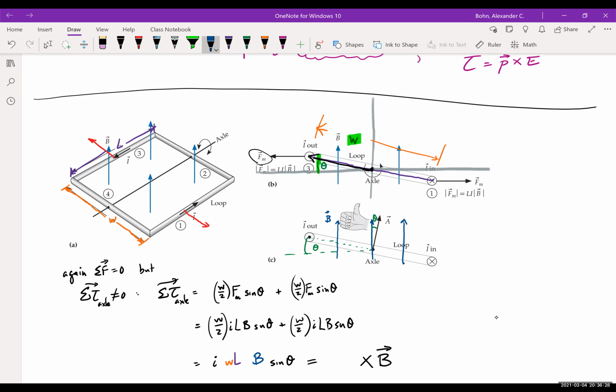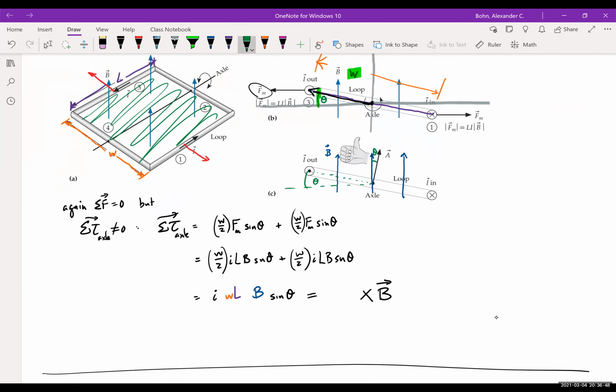Now, WL, that's the width times the length of this rectangular loop. WL is the area of the loop.